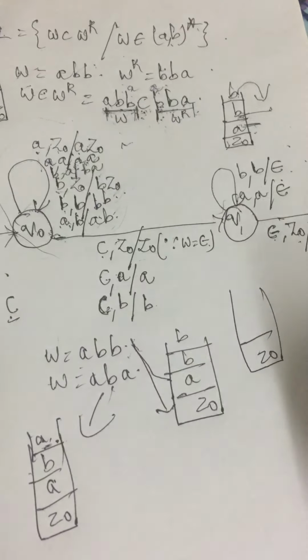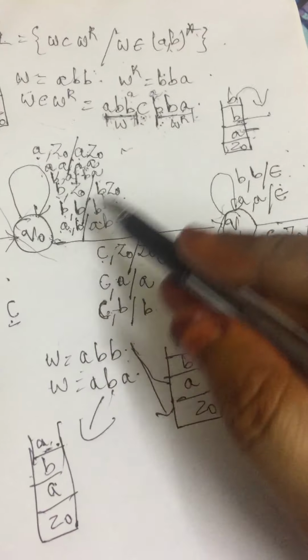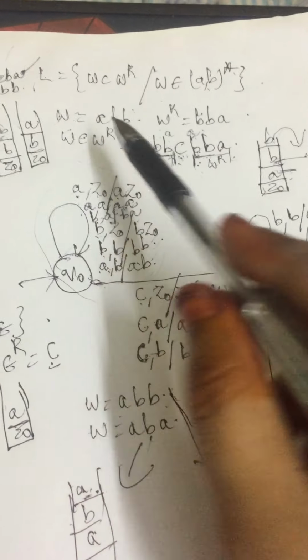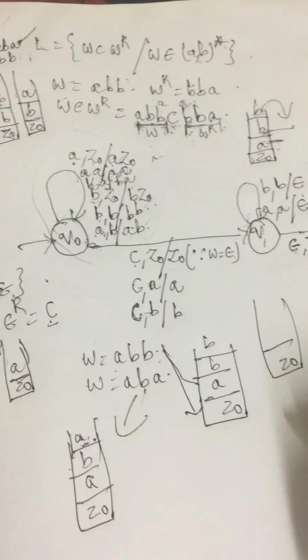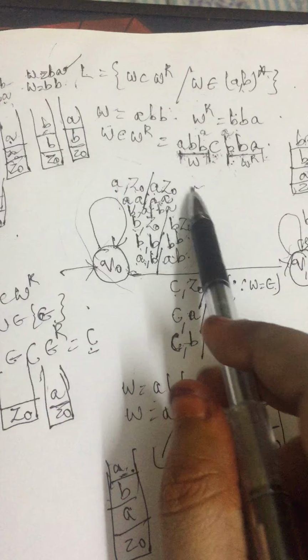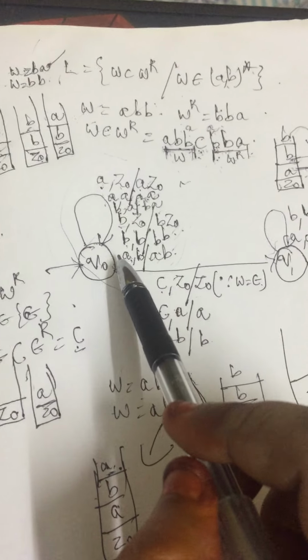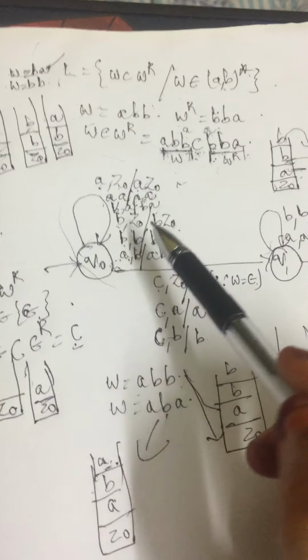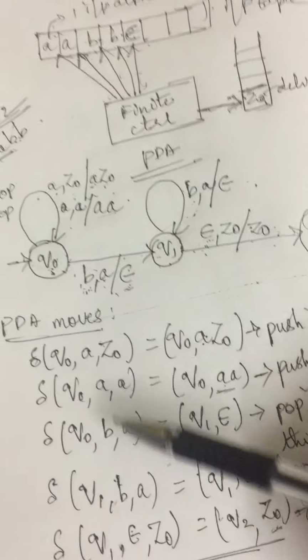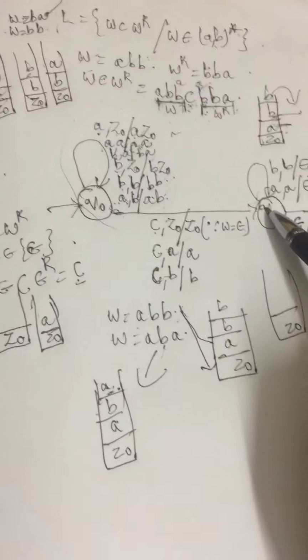So in this manner, we design a PDA for the example WCWR. And PDA moves we have to write for each and every scenario we have mentioned in the W part. In the previous example, the same procedure by which I wrote the PDA moves, we need to follow for this also.